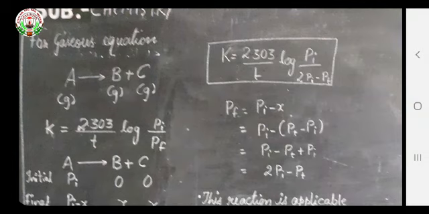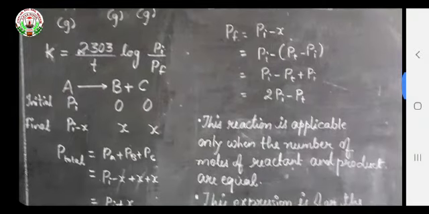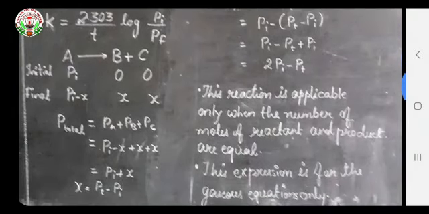Whenever we need to calculate K in terms of the gaseous equation for first order reaction, we have to follow this expression. But one thing we have to keep in mind is that this expression is applicable only when the number of moles of reactant and product are equal.